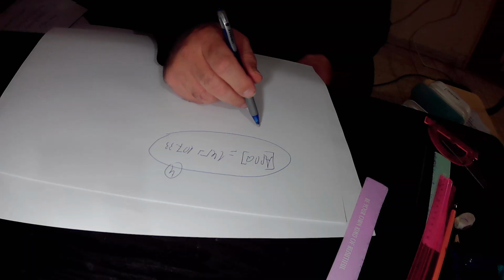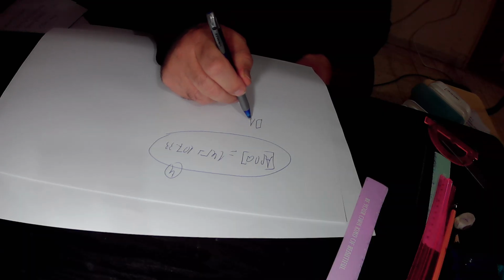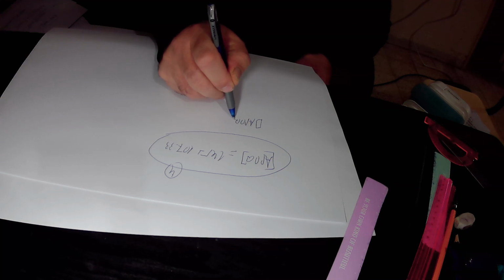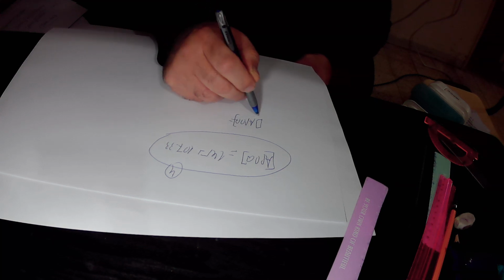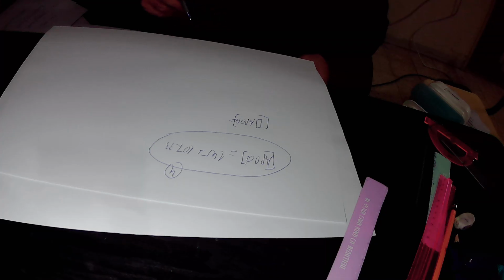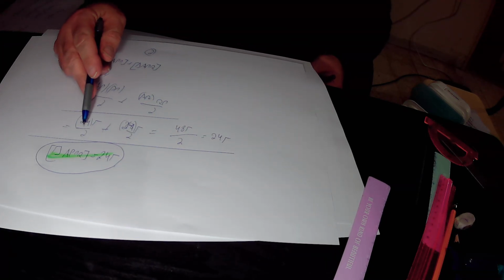But according to the first method of calculation, we have found out that the area of quadrilateral APOQ is equal to 24R square units in size. The area of quadrilateral APOQ according to the first method of calculation equals 24R square units.